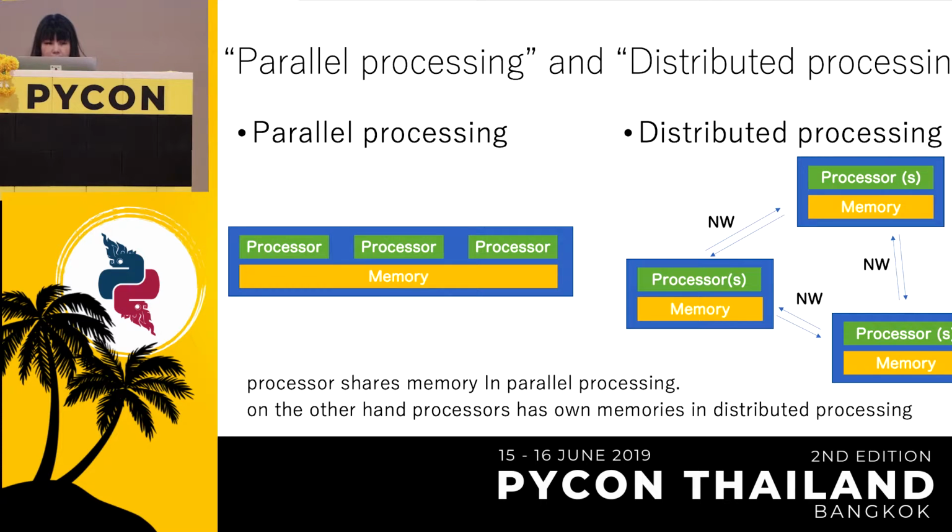On the other hand, distributed processing aims at sharing the processing by exchanging data through messaging between computing machines which are physically separated. So the network will send messages to share the data. This is the difference between parallel processing and distributed processing.